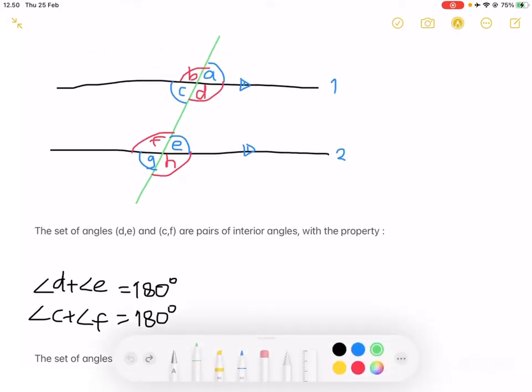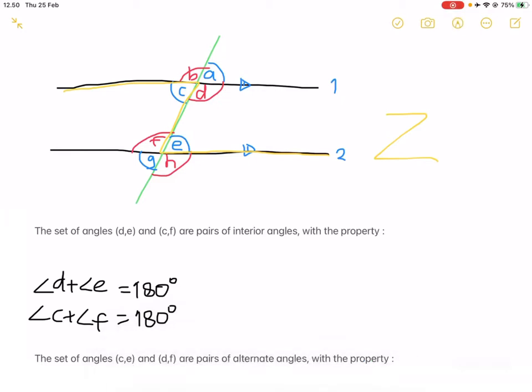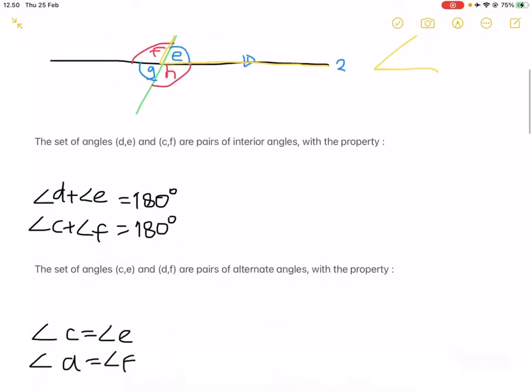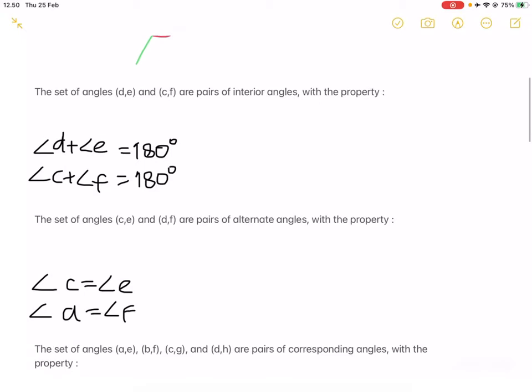If you look at the lines that make each alternate angle, it looks like a Z. Sometimes that Z could also be flipped backwards, like the interior angles one.